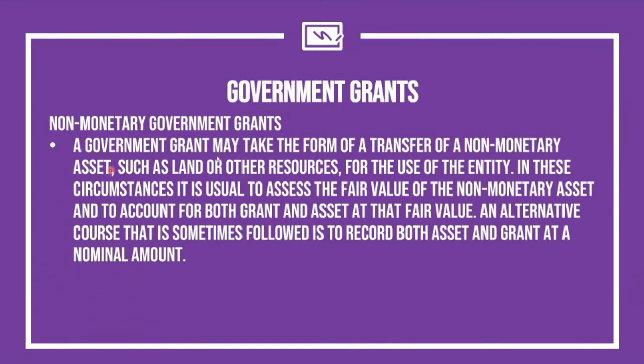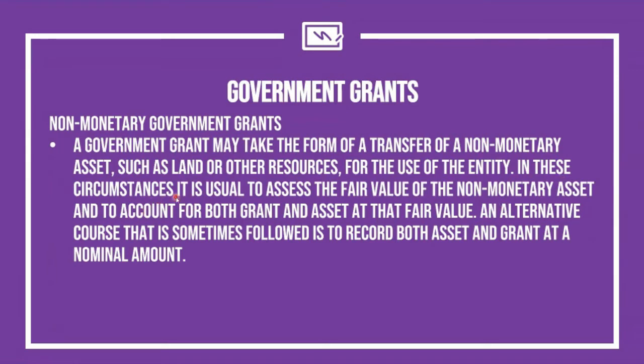Next, we go to non-monetary grants. Okay? So, it is possible that the grant will be in the form of cash or it can be in the form of non-cash assets or non-monetary grants. So, if a government grant takes the form of a transfer of non-monetary assets, examples such as land or other resources, what's going to be the accounting effect?